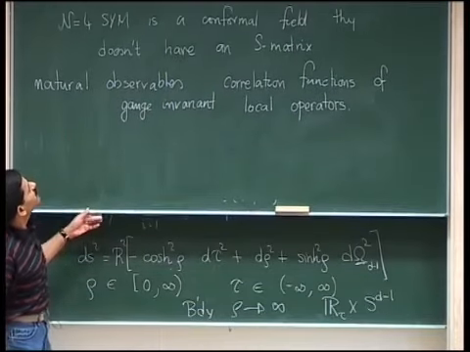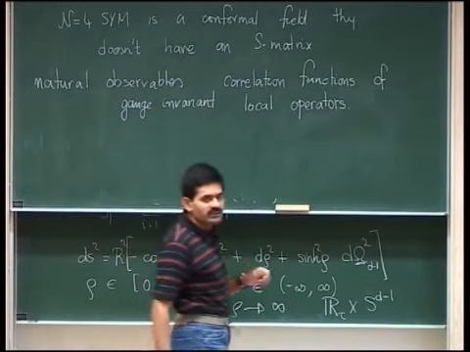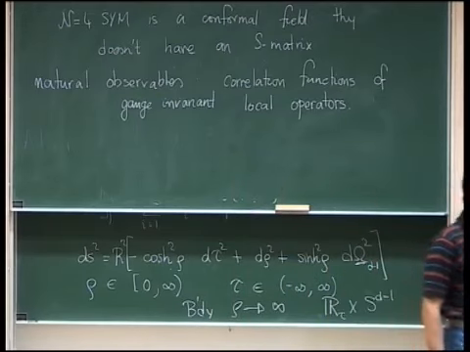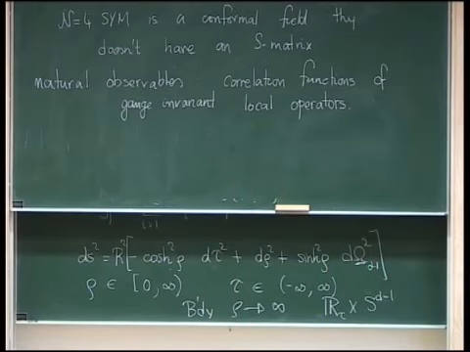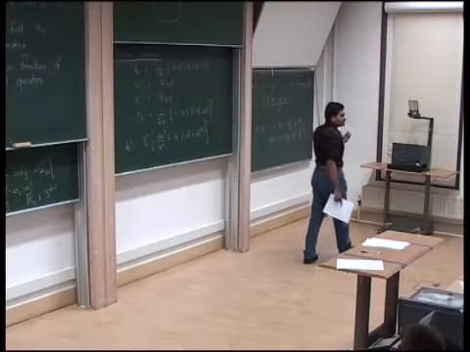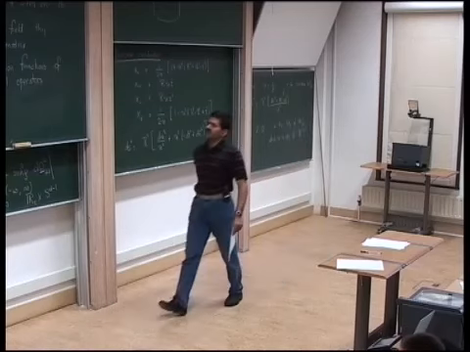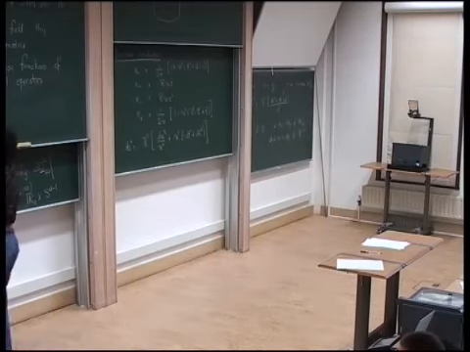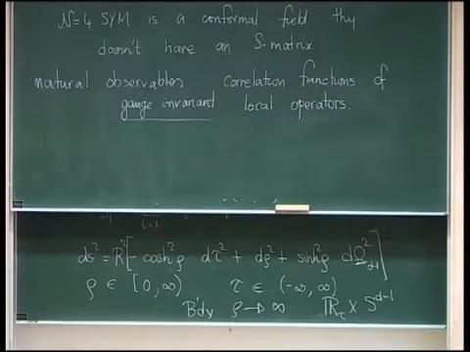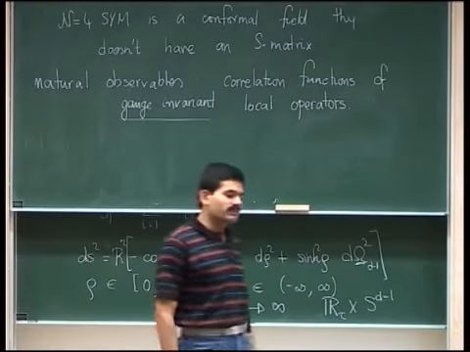So what do I mean by this? Apart from being a conformal field theory, this theory is a super Yang-Mills theory. In particular, it has local gauge symmetry. So the only kind of objects I can talk about are those which are explicitly gauge invariant. That explains this bit. And what I mean by local operators is as follows.